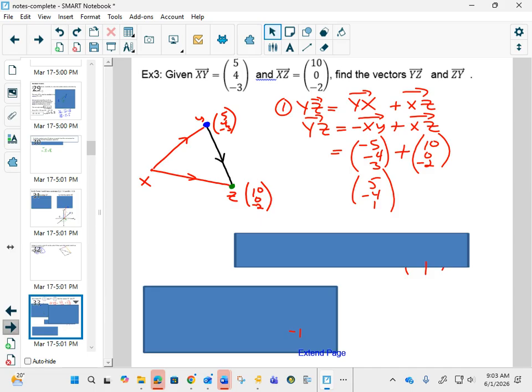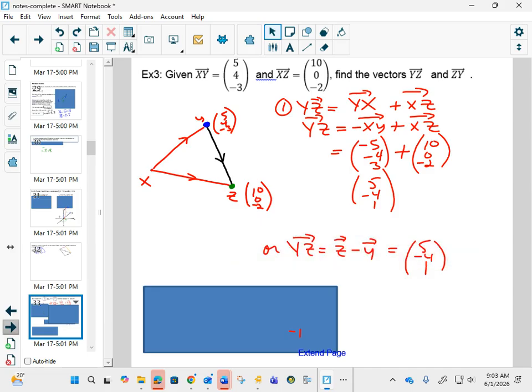Add the corresponding components. So adding vectors, really easy. Add the x coordinates, add the y coordinates, add the z coordinates. And since we found y to z, z to y is just the negative.